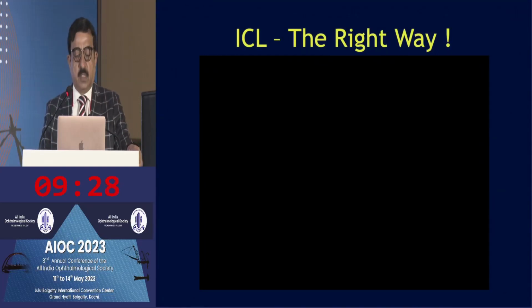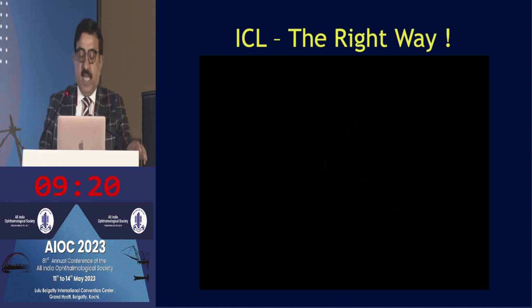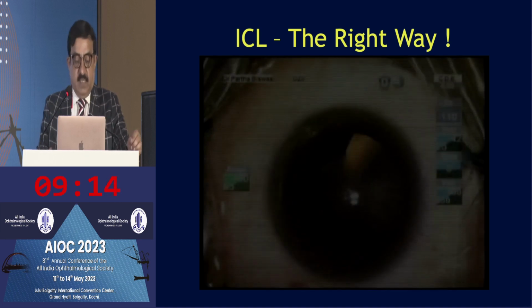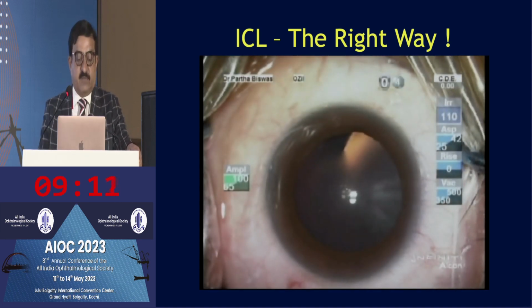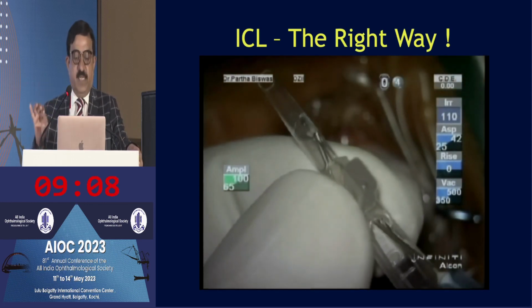So I'll straight away play the video in which we have the ICL and how to do it the correct way. And the correct way is very important. If it is not done the correct way, then the results are very, very poor. So topical anesthesia for one is very important.